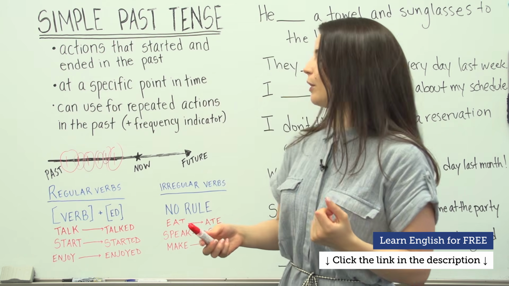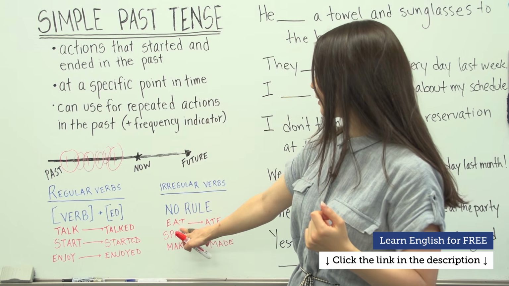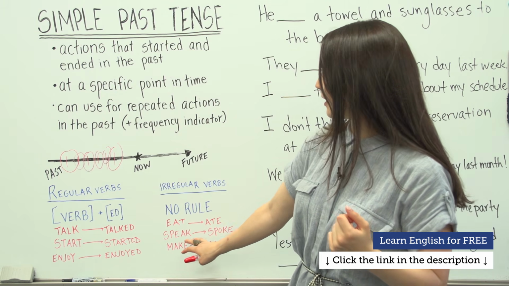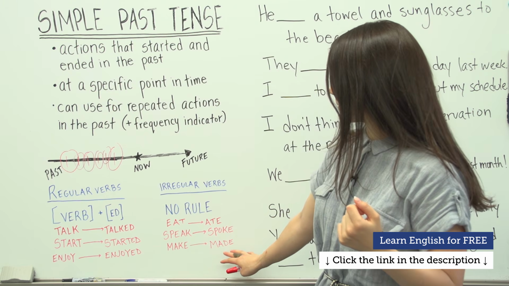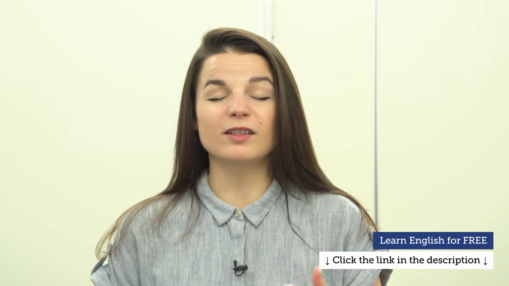So, for example, some common ones are eat, which becomes ate, speak becomes spoke, and make becomes made. If you see a verb somewhere that seems a little odd, or you're not sure what the present tense form would be, you can check a dictionary and try to remember it from there.